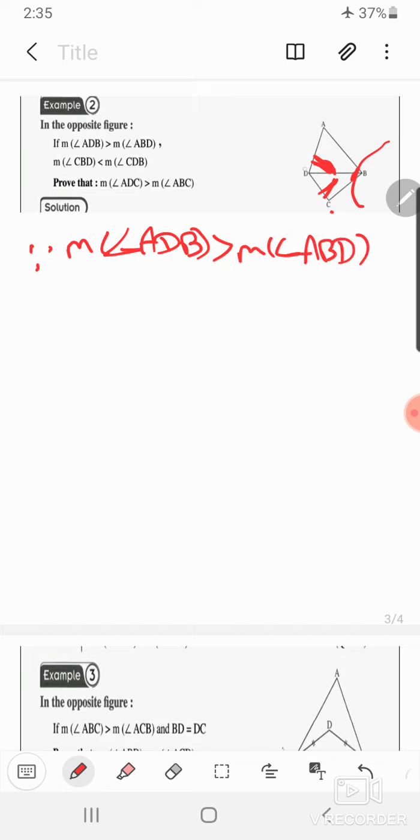First of all, I will write the given. Here you have measure angle ADB is greater than measure angle ABD. This angle is greater than this angle.